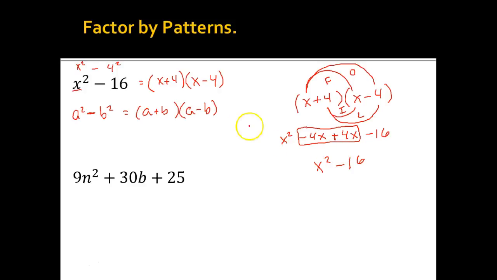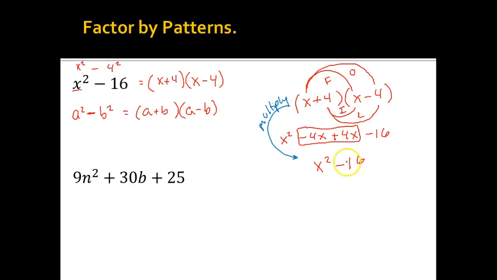So remember that before we started factoring, we were doing this thing called multiplying. And when we multiply polynomials together, we use systems, procedures for multiplying. We use the FOIL method.